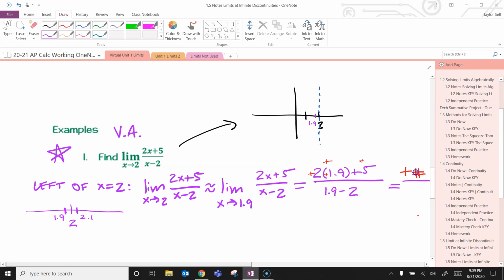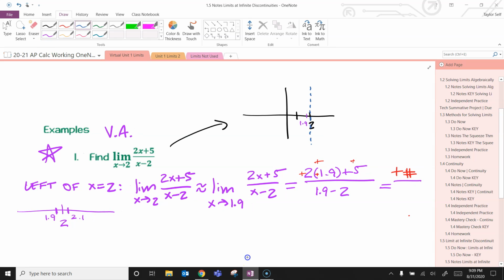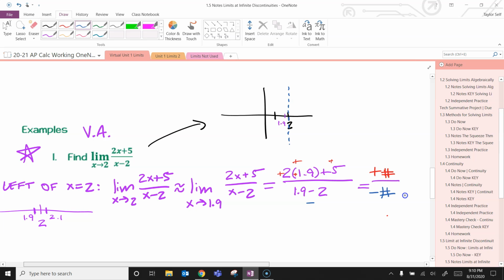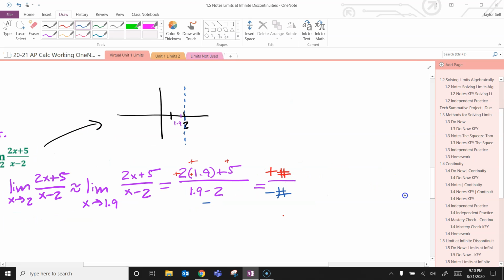What does the bottom look like? We have 1.9 minus 2. 1.9 is smaller, so the bottom is going to be a negative. Positive over negative number. Let's simplify the sign. What does a positive over a negative turn into? Positive divided by negative is a negative number.